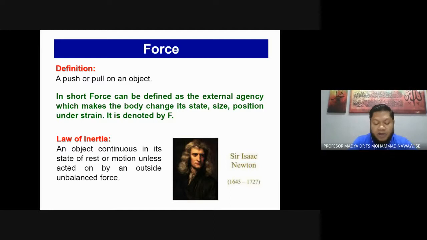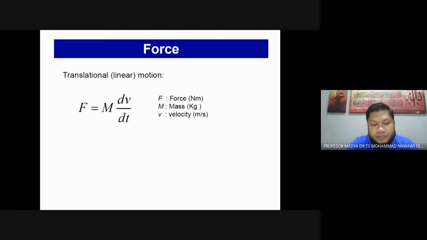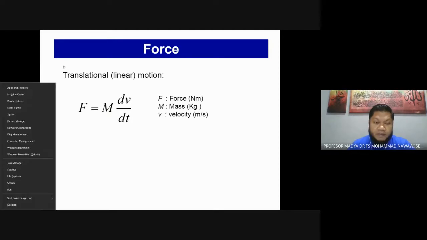Or you have a ball moving in one direction, and then a football player kicks it in another direction, then the ball will move in the other direction. So that is a force. It is a linear motion. Force only applies to linear motion, and it is described by F equals m dv/dt, the mass times the derivative of velocity with respect to time, which is also known as acceleration.